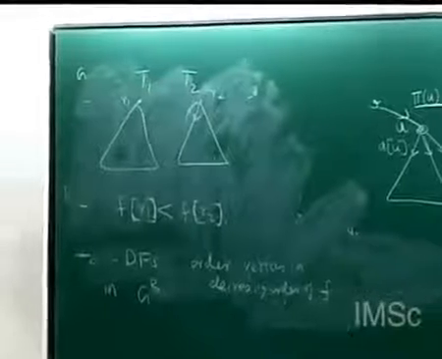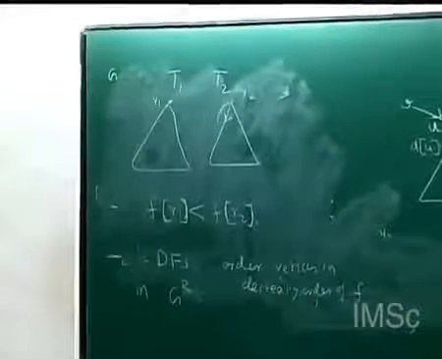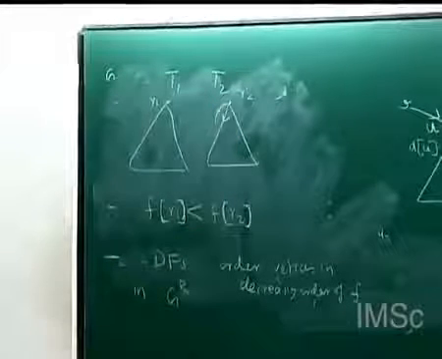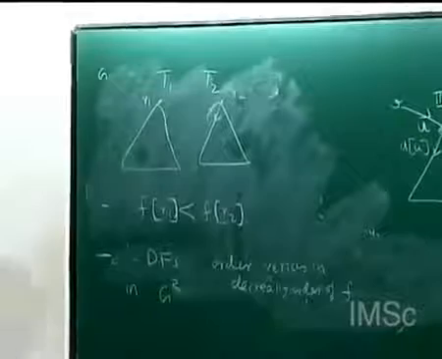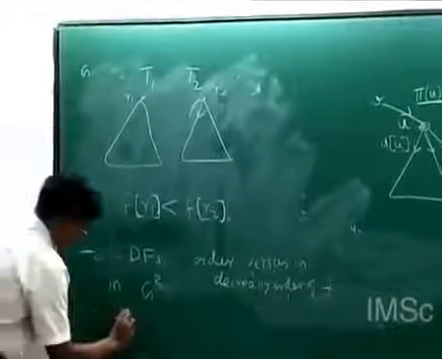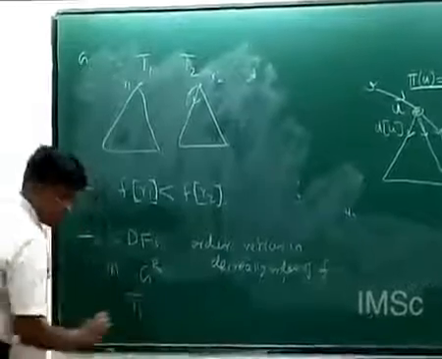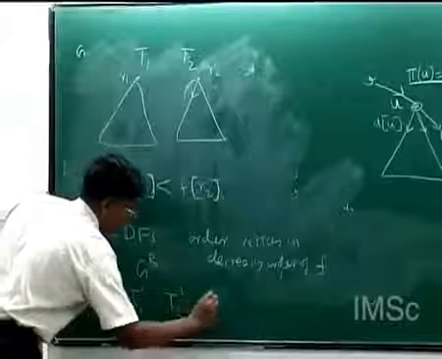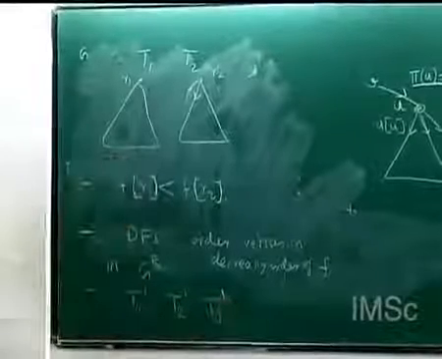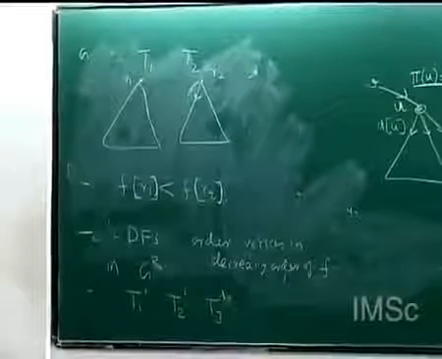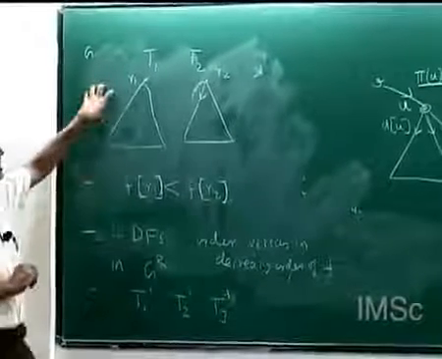Is that clear? And now you start your DFS from R2 and explore anything that you want. Run your DFS exploration. Let us assume that you get T1 prime, and let us say you get some T3 prime. I hope all the steps are well defined. Now we need to analyze properties of this.